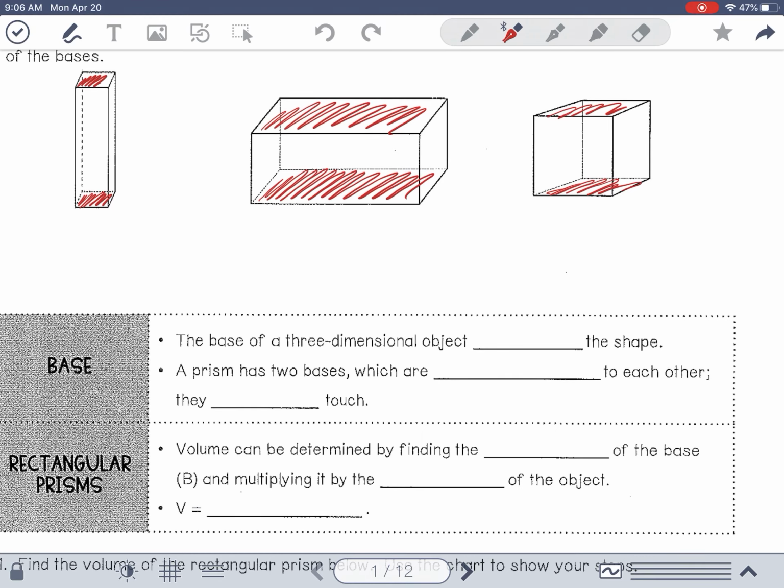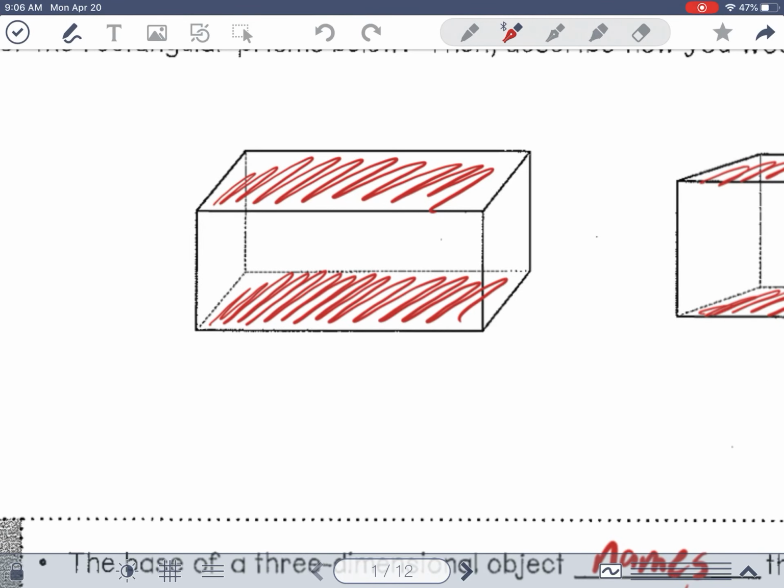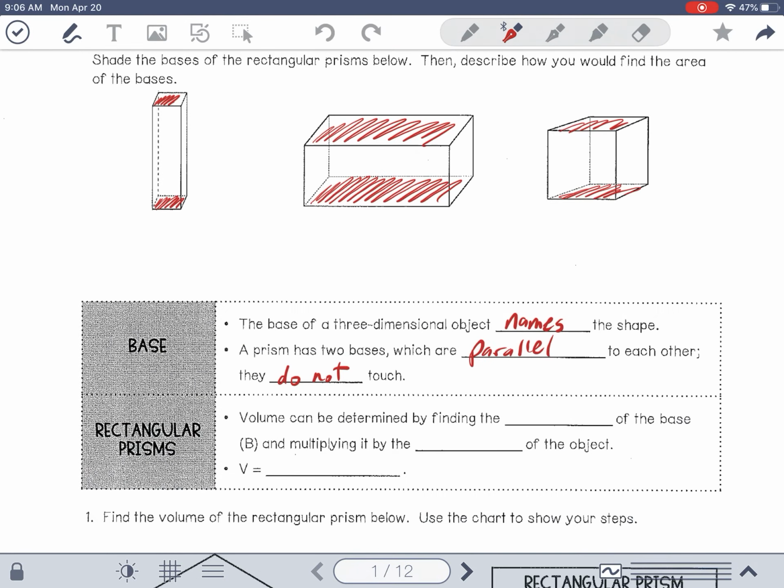Here's what we need to understand about the bases of those prisms. The base of an object is what names that shape. If you have a rectangular base, then it is a rectangular prism. Remember, prisms have two bases and they are parallel, which means they do not touch at all.